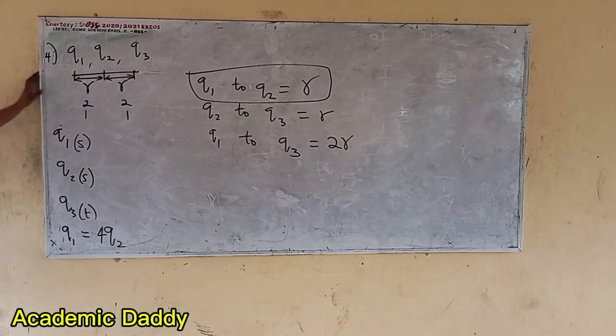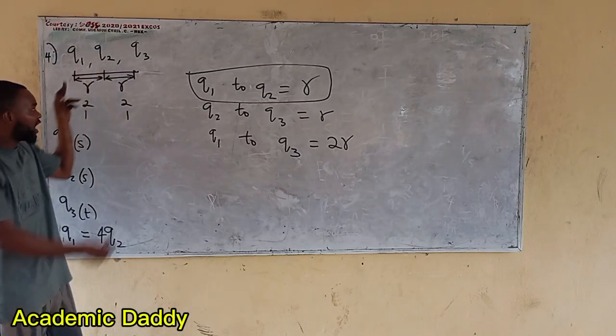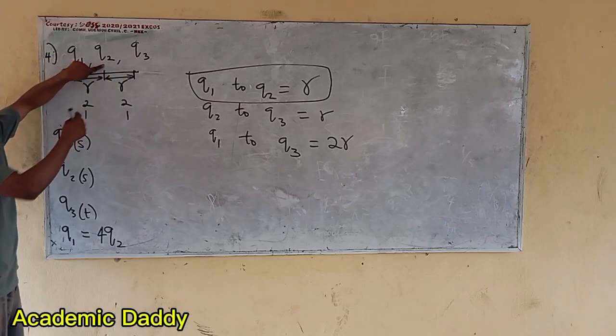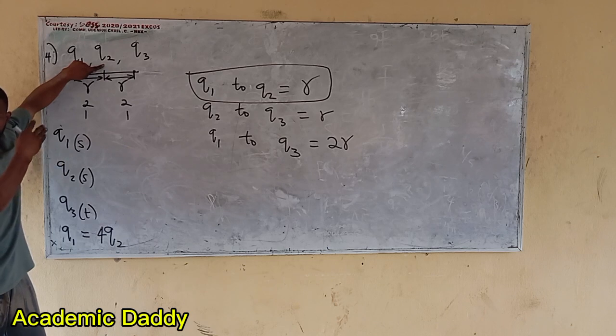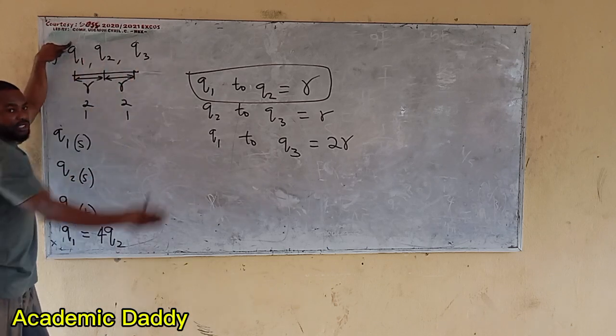If you remember, I told you you can have many source charges and only one test charge. So for the fact that this and this are fixed, they are source charges, this will attract this. This will attract this. That is if they are opposite charges. And if they are the same charges, it will repel this, this will also repel this.